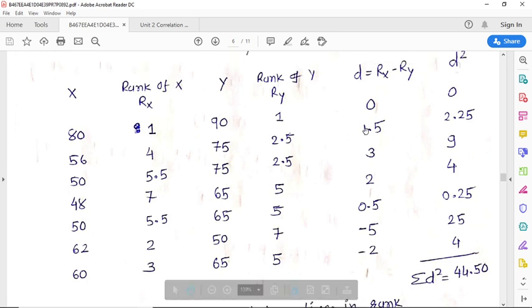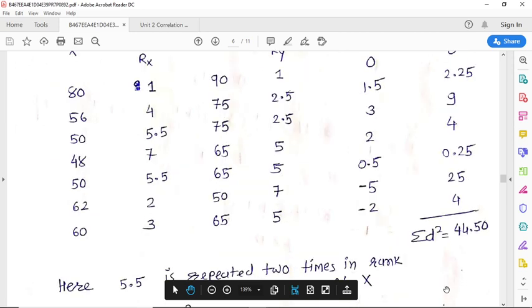Take the difference, so this is the difference of that, and now take the square and derive sigma d square, so it is 44.50. So now, 5.5.